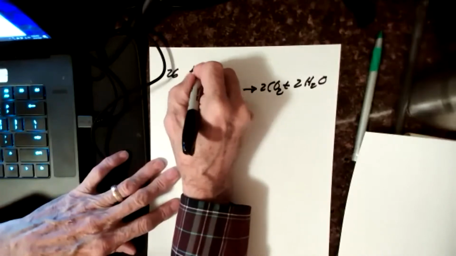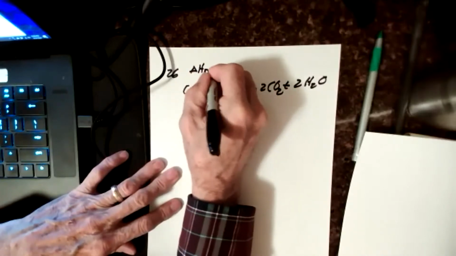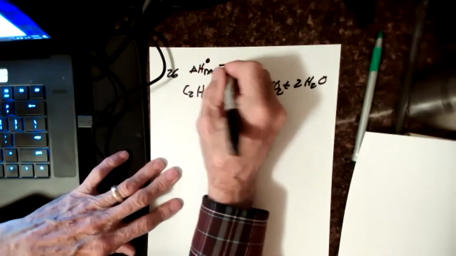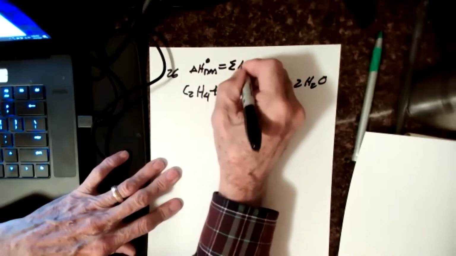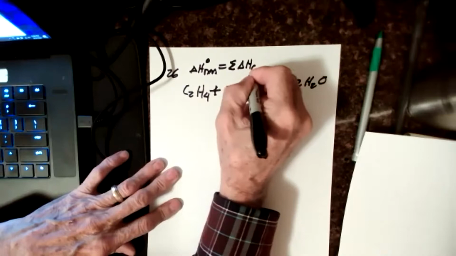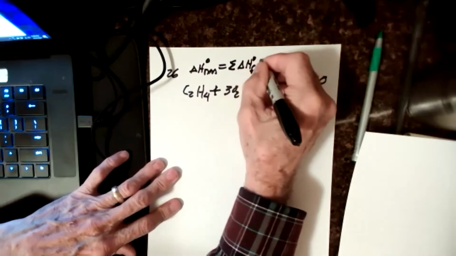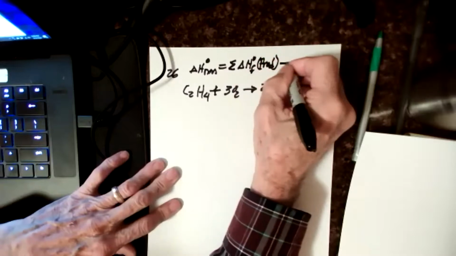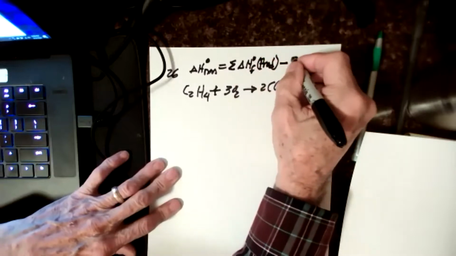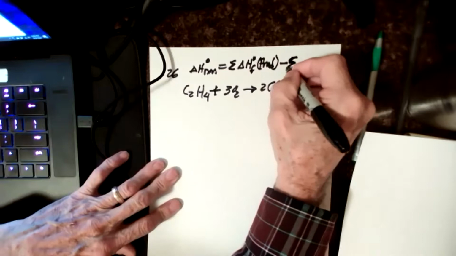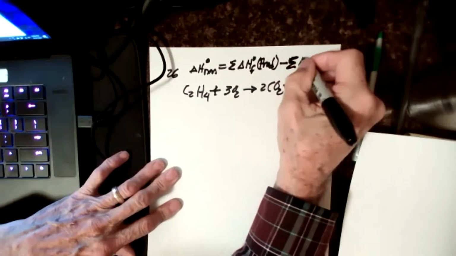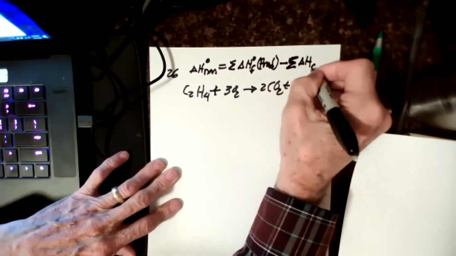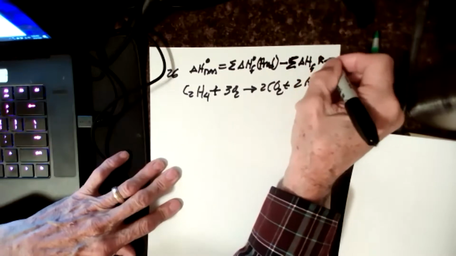Remember, delta H of reaction is the sum of the delta H of formation of the products minus the sum of the delta H of formation of reactants.